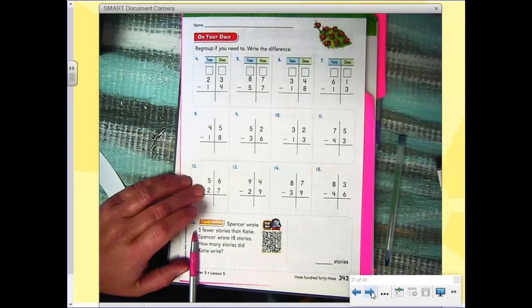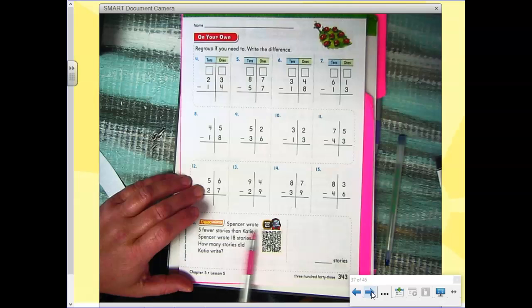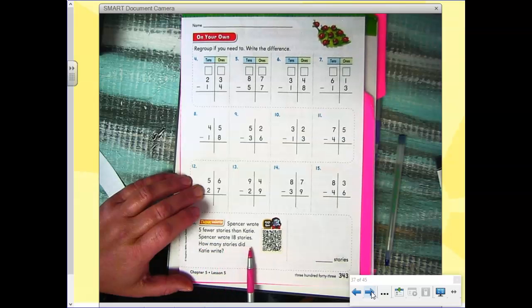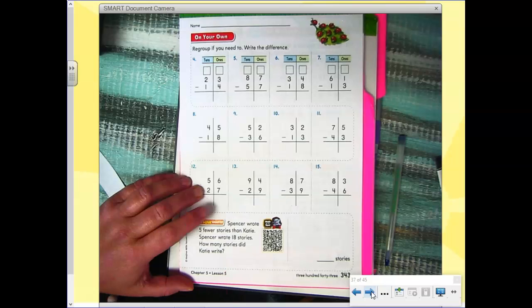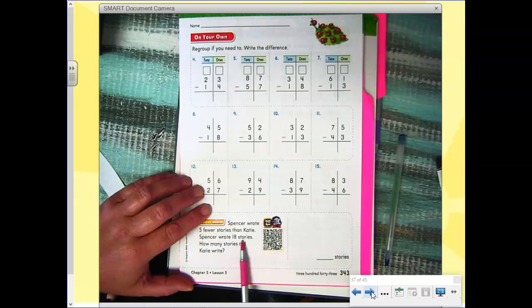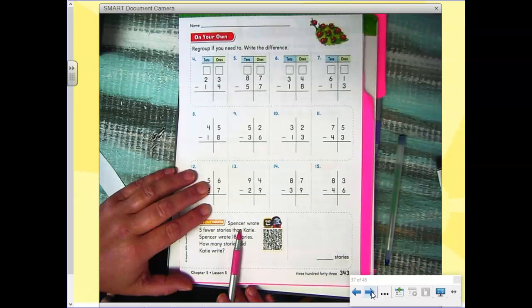All right, number 16. Let's look at it. This is your math on the spot. It says Spencer wrote 5 fewer stories than Katie. Spencer wrote 18 stories. How many stories did Katie write? That means Spencer wrote 5 less than Katie.